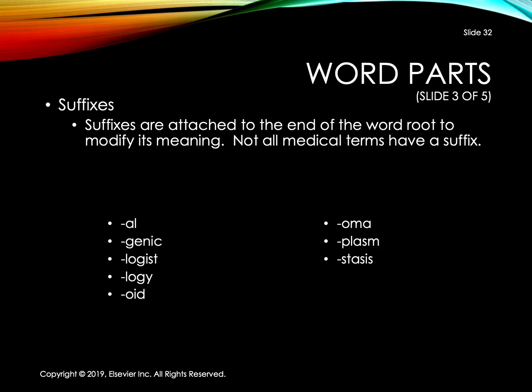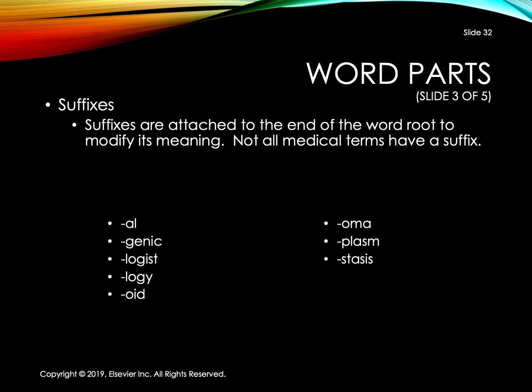Now let's look at some suffixes that we might be able to connect with those word parts. Suffixes such as al, which means pertaining to, or genic, which means producing, originating, or causing. What about logist, like neurologist? That would be one who studies the nervous system.